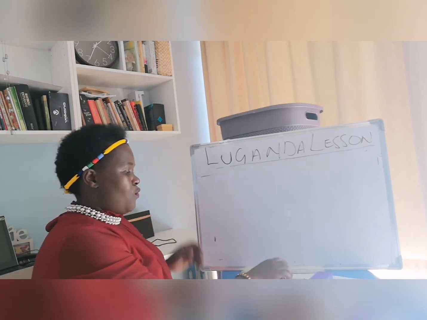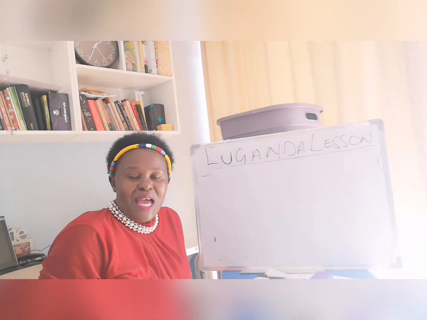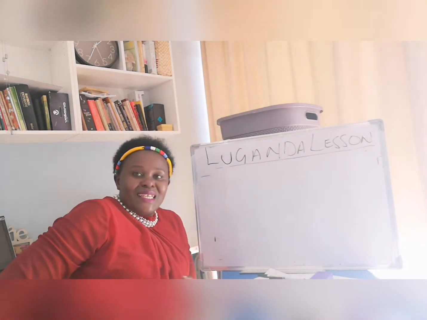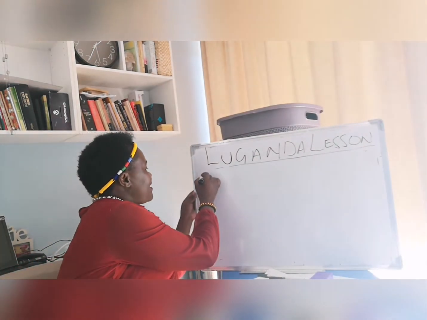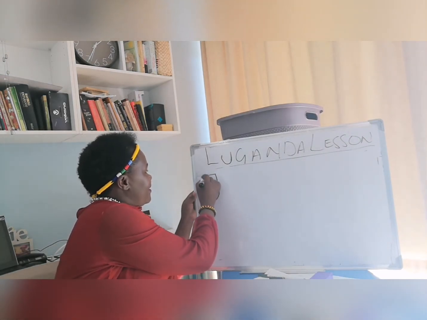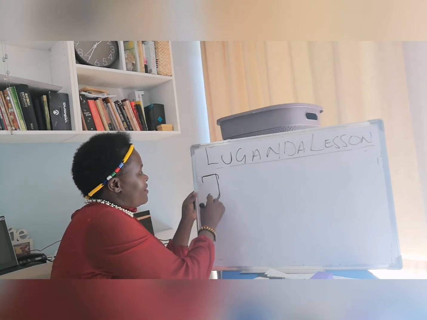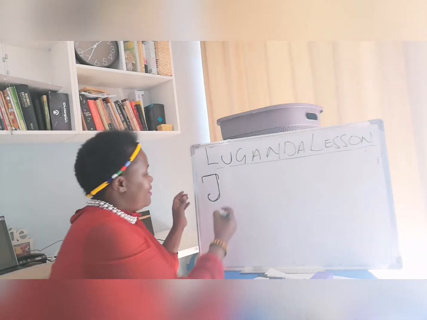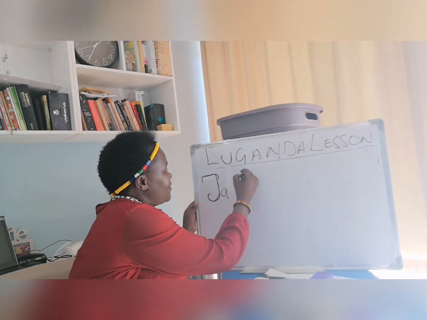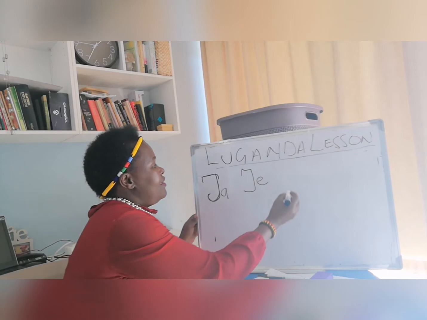Now, we are remaining with the two letters we said we have in Luganda and we don't have them in English. That is nga. Nga ne a, nga. Nga ne e, nge.